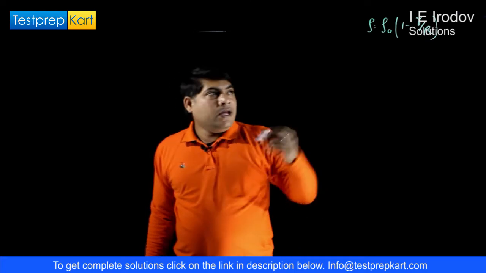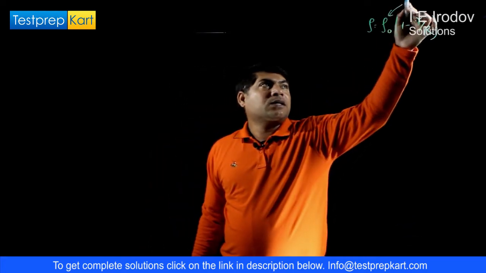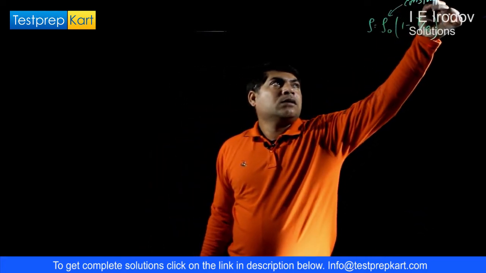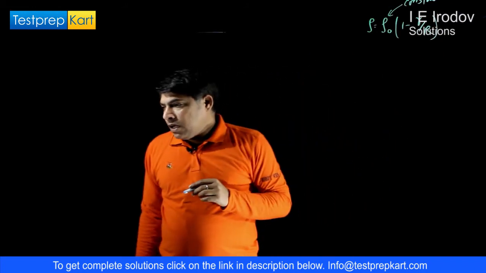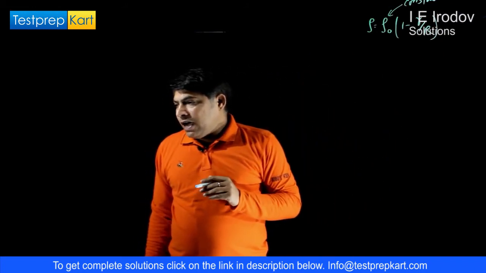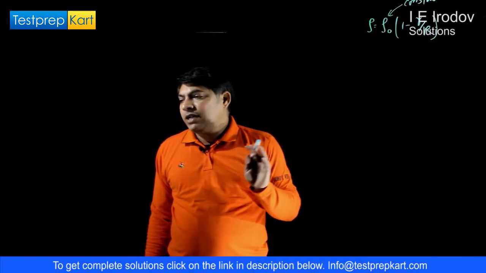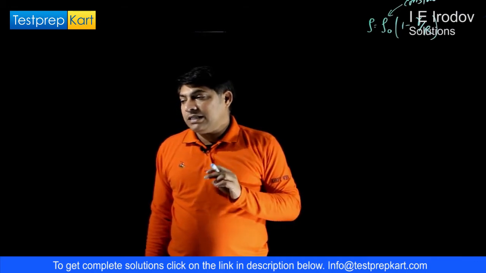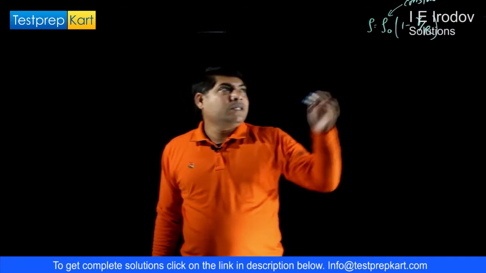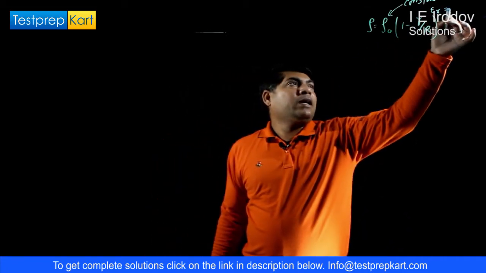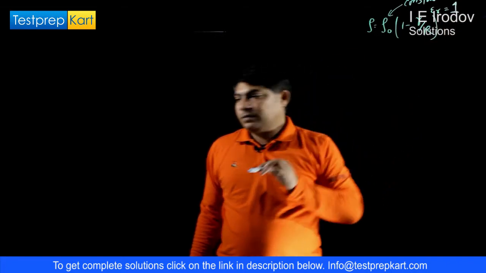Here rho naught is a constant. The environment is taken as unity as far as the permittivity of this ball is concerned. It means the relative permittivity epsilon r equals 1.